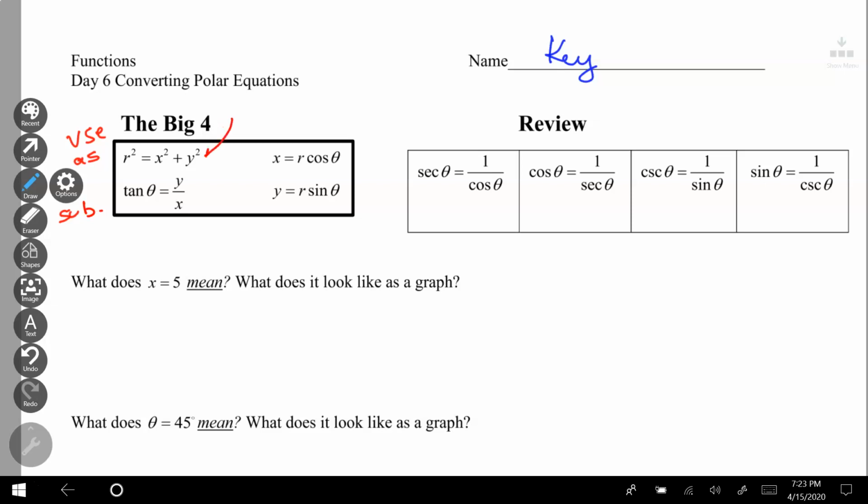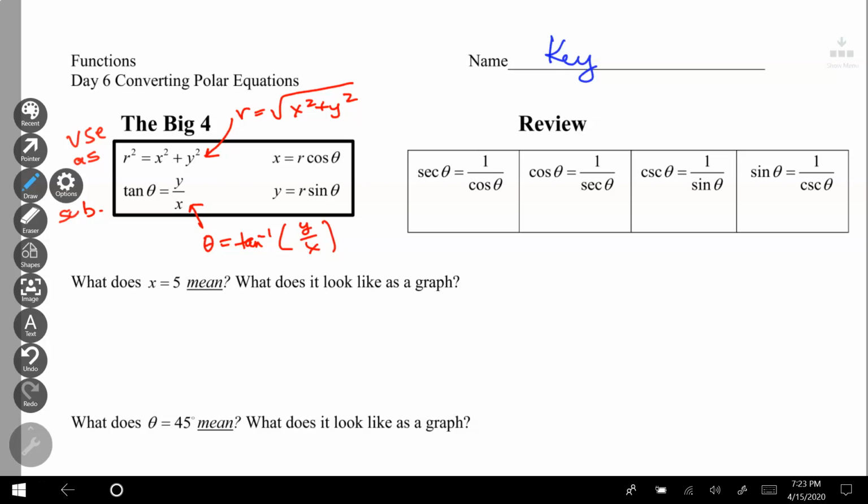This one came from r equals the square root of x squared plus y squared, and this one came from theta equals inverse tangent of y over x. But we have used these before.